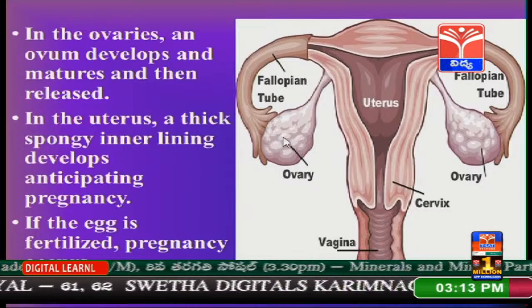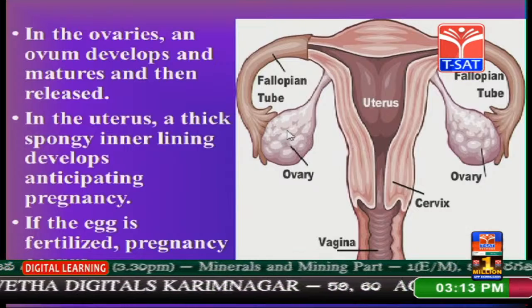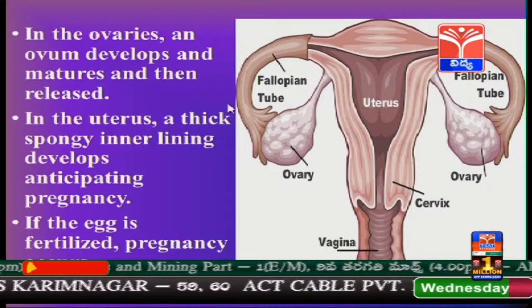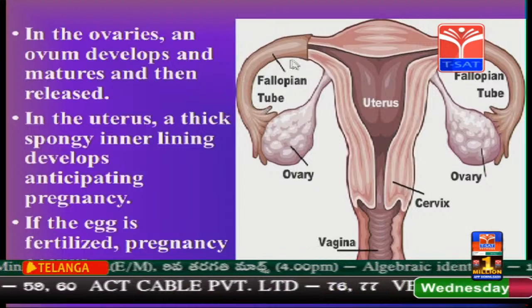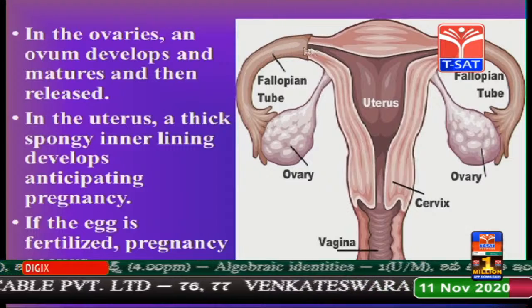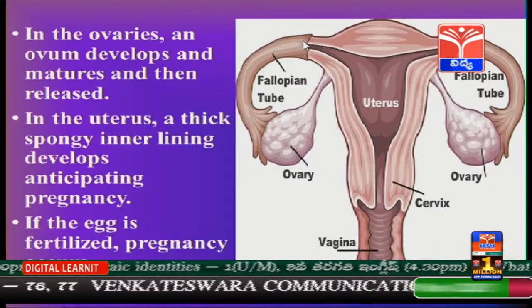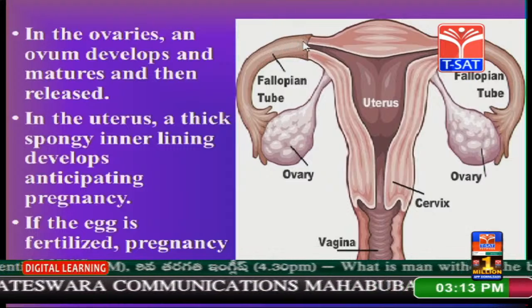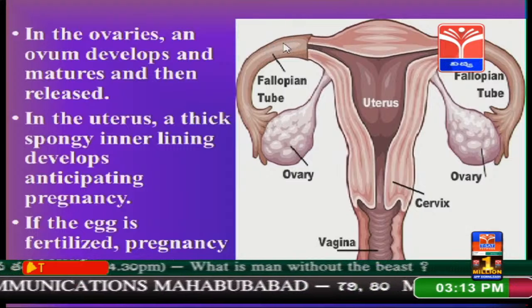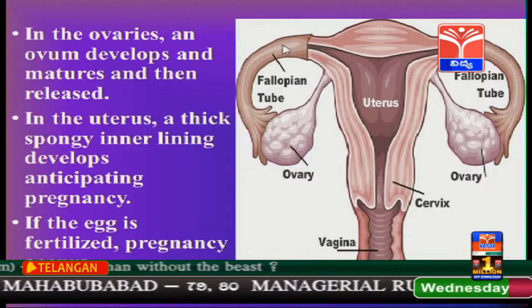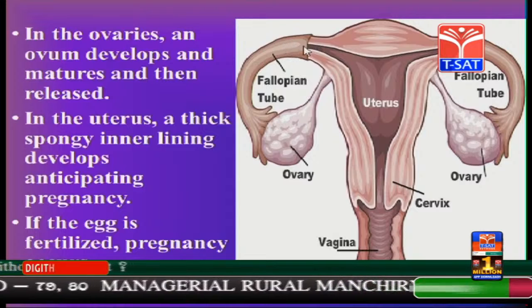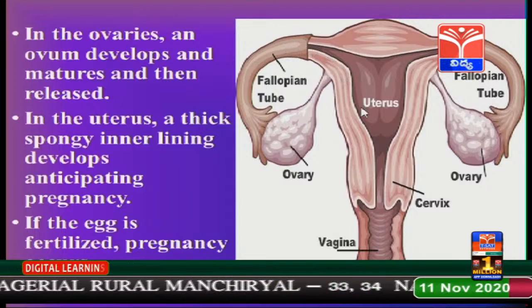It develops, matures, and then it is released. The fallopian tube absorbs it, and this ovum stays for a particular time in the fallopian tube. It waits for the sperm to fertilize it. But if the ovum is not fertilized, it reaches the uterus.